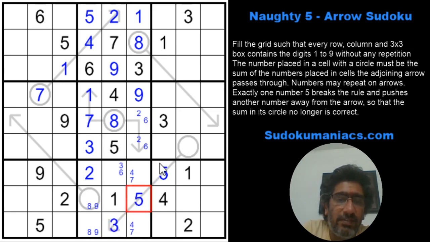So 3 plus 5 is 8 and that naughty 5, assuming one of them is the liar number, has replaced the digit 1. That gives me a sum of 9. So obviously the replaced digit is a 1 and this sum will have to be a 9, right? So that's a 6.